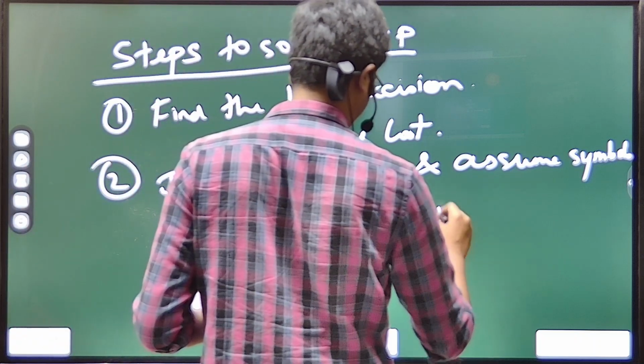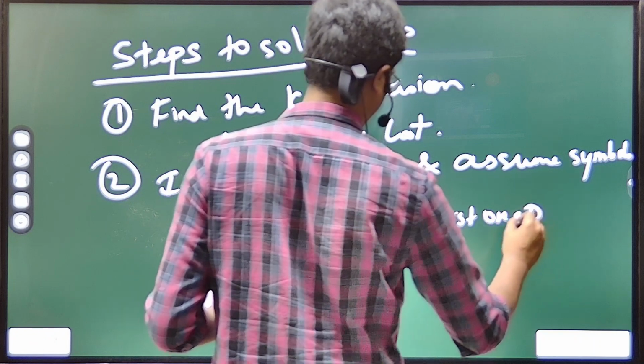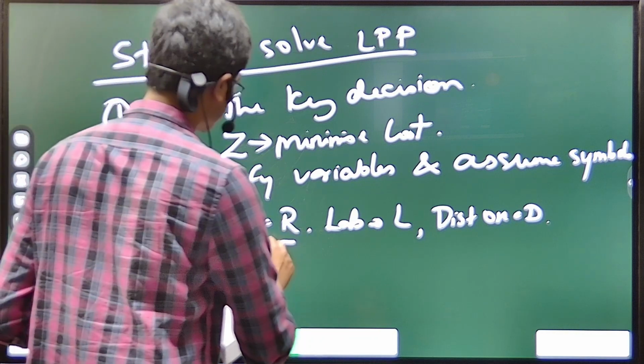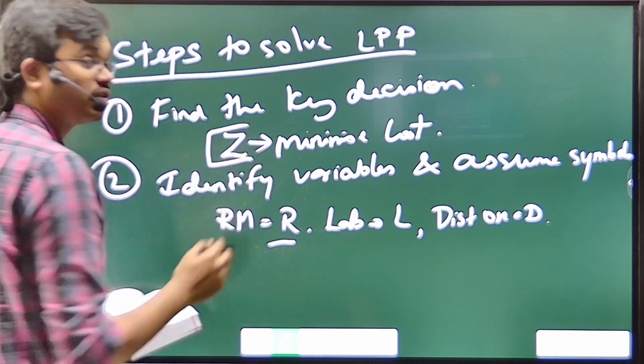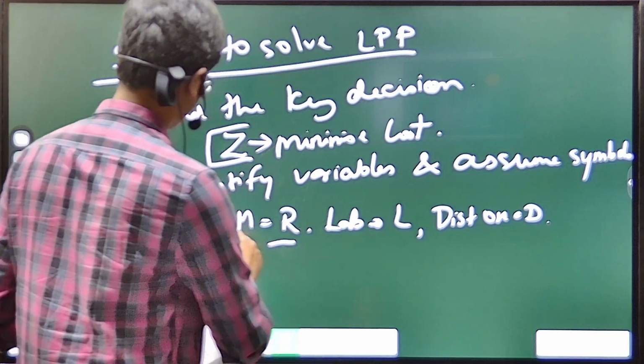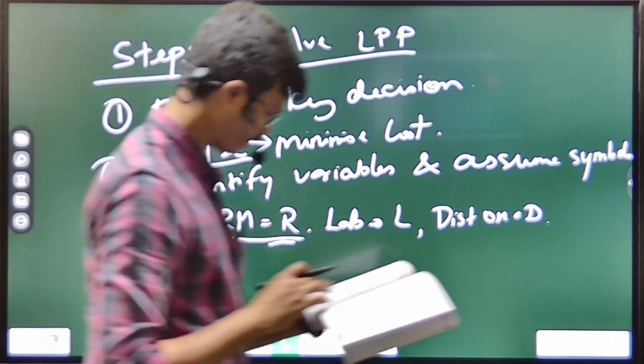And you have distribution overheads, say D. So these are your variables for this decision, and you have to work using these symbols.